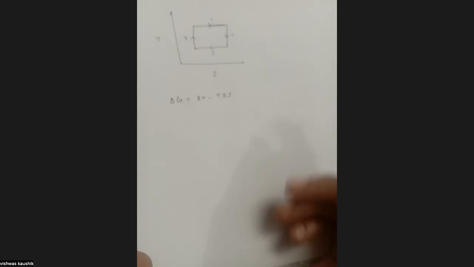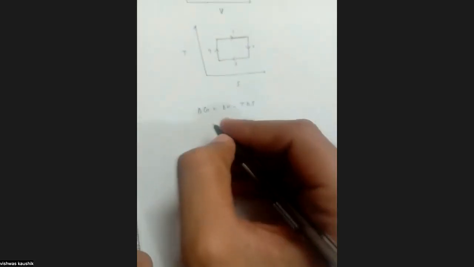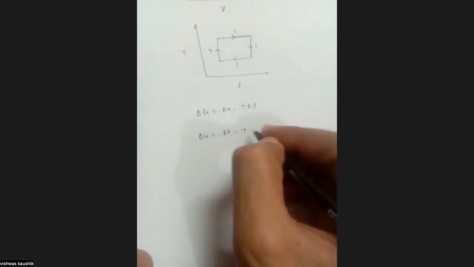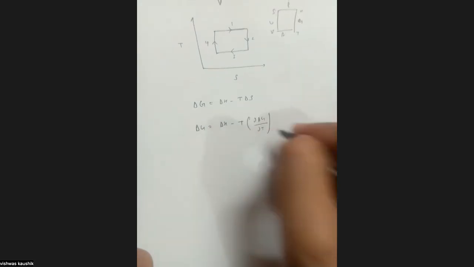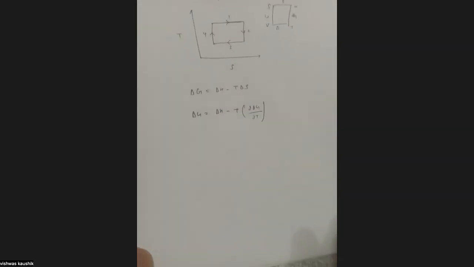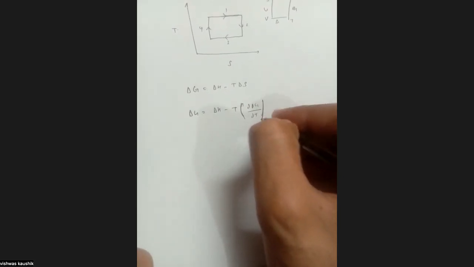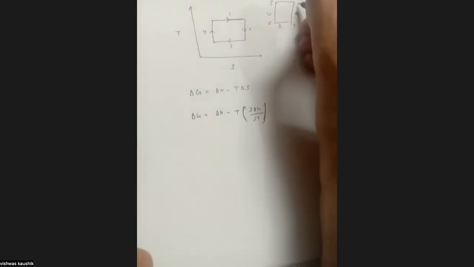What is the Gibbs Helmholtz equation? Yes, sir. The Gibbs Helmholtz equation is delta G minus T... Yes, this is the Gibbs Helmholtz equation, sir.